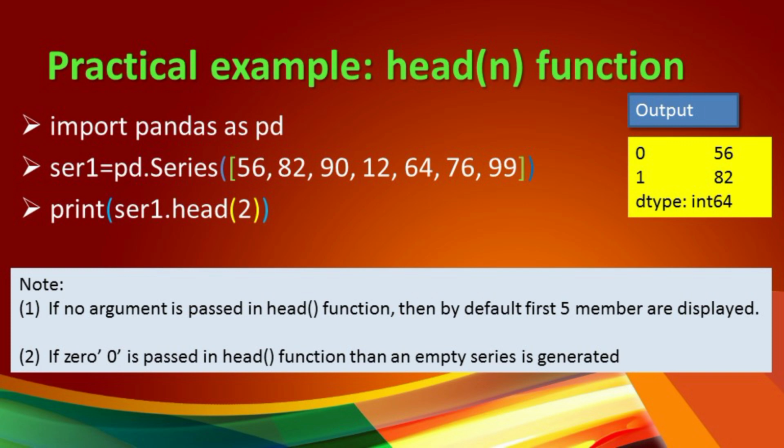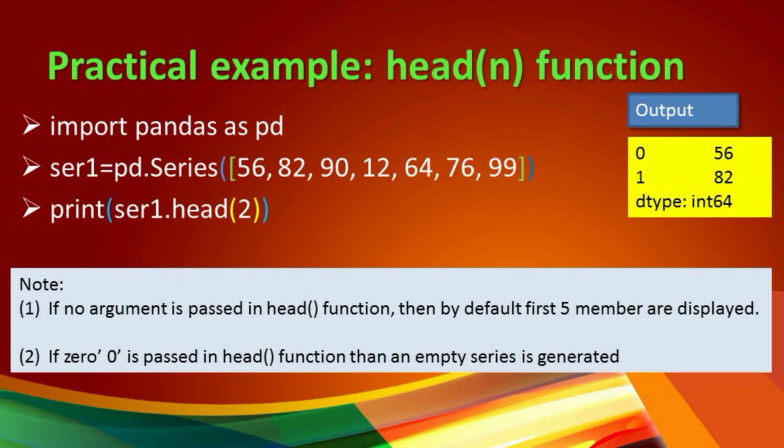To apply the head function, first we write the name of the series, then a dot, then head with the number of elements that we want to access. Say if I write ser1.head(2), it means I am fetching only the first two values, that is 56 and 82.